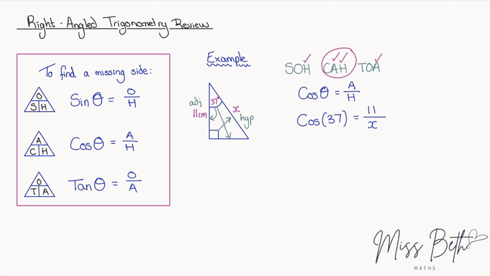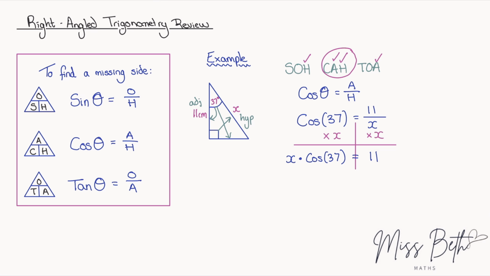Okay, so there are different ways to do this. To explain what's going to happen to get x on its own, we are ultimately going to multiply both sides by x. That would give me, on the left-hand side, x times cos 37 is equal to 11.